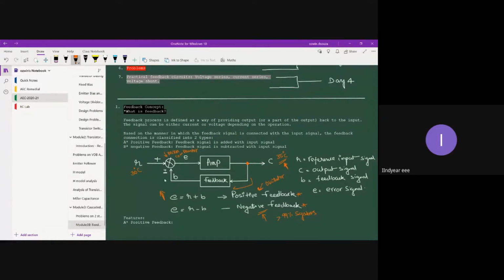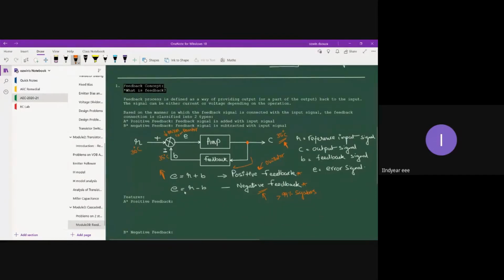So what happens here is that you get signal B as 35 degrees Celsius. For a positive feedback network, the error E becomes 30 plus 35, which is equal to 65 degrees Celsius.